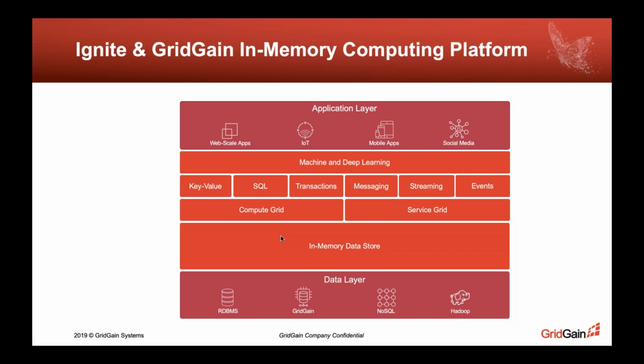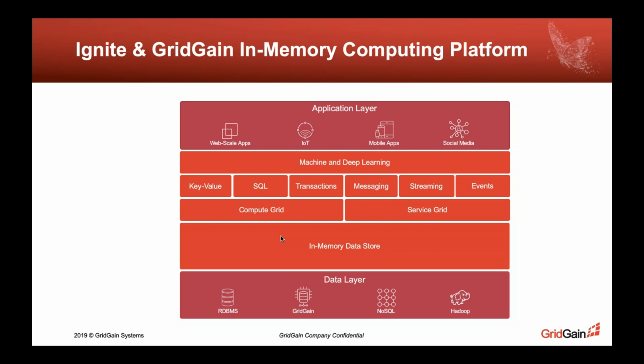And then in terms of how we communicate with this data grid, we really support two different ways. One is through key value APIs, and another, which is probably the more popular way that users like to interact with our grid, is through distributed SQL. And Apache Ignite and GridGain also support ACID transactions.